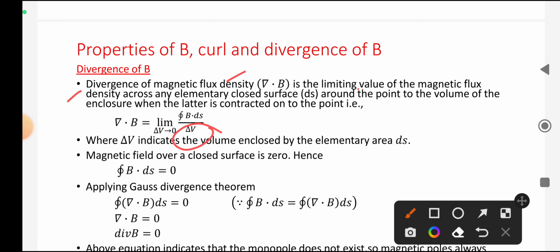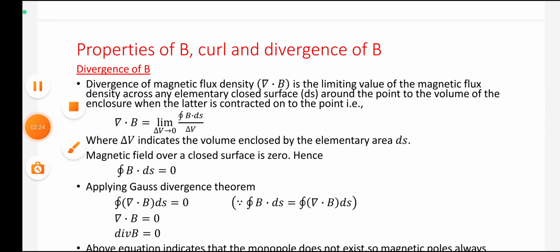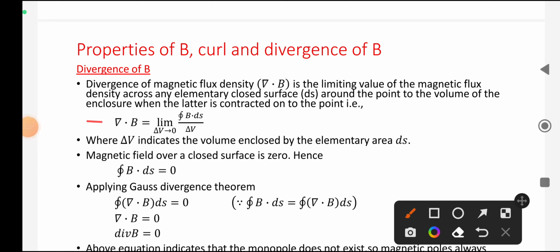Divergence of magnetic flux density is the limiting value of magnetic flux density across any elementary closed surface. Elementary means small, so that is why a small ds is taken around the point, to the volume of the enclosure when the latter is contracted, that is, when it becomes small. So del dot B is equal to the limit as delta V tends to 0 of integral B dot ds by del V, where del V indicates the volume enclosed by the elementary areas.